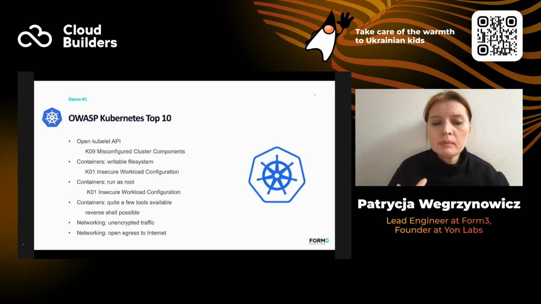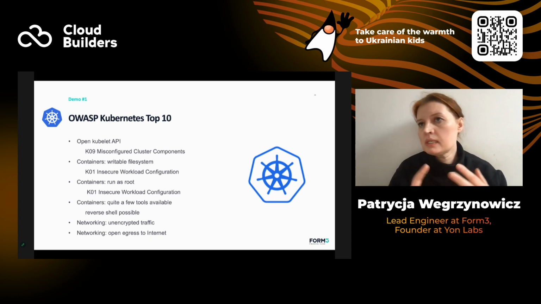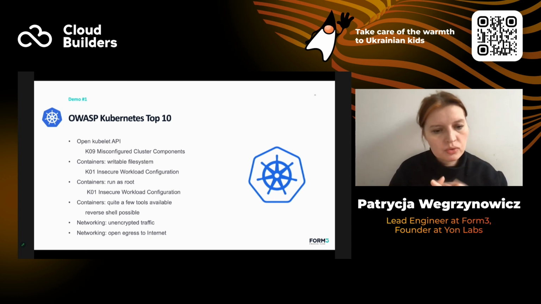Another problem is also open egress to the internet. So you need to make your system secure. If you don't need your applications to connect to the internet, just install some network policies, firewalls, or any other security tools you can think of that are specific to your environment.